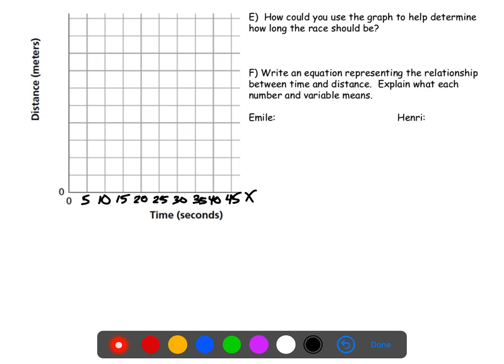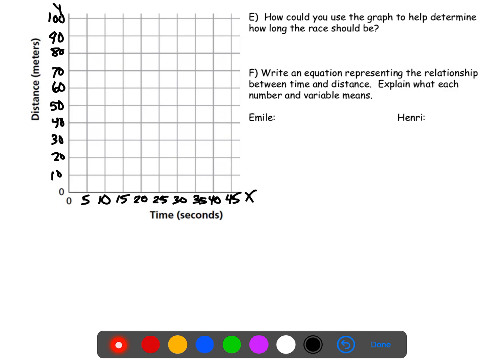And it says use an interval of 10 for the y-axis. So on the y-axis, we're going to be going up by tens, 10, 20, 30, 40, up to 100.